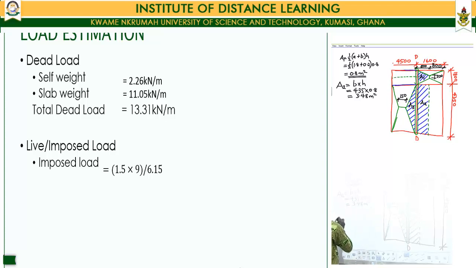And our last area is area 3, which is in the shape of a triangle with a formula of half BH, which gives us half multiplied by the base, which is 4.35, and a height value of 2.175.